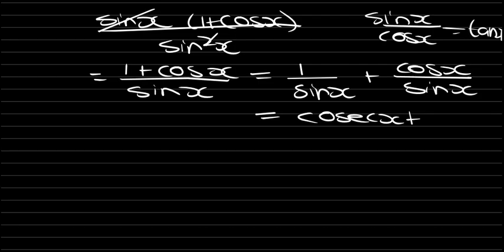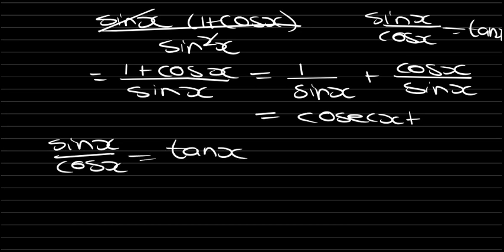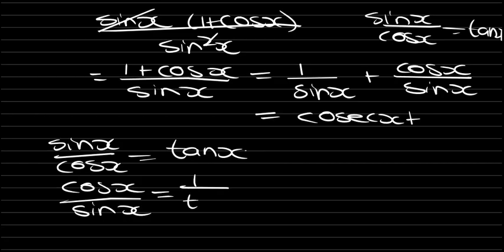Let me just write this over here: sine x over cos x equals tan x, then cos x over sine x, we inverted one side of the equation, so we need to invert the other side of the equation, and this is simply equal to cot x, right? So cot x.